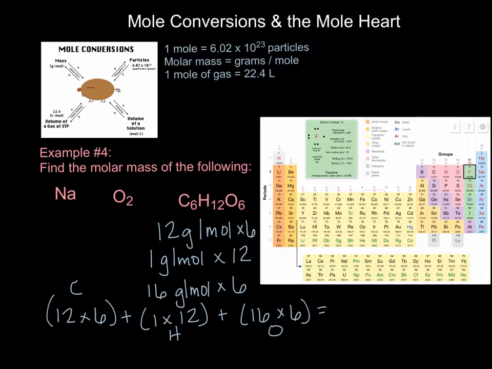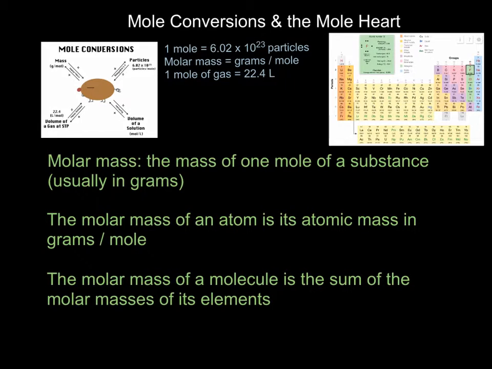So when I put this into my calculator, I get 180 grams per mole. So 1 mole of C6H12O6, 1 mole of glucose, is going to weigh 180 grams.